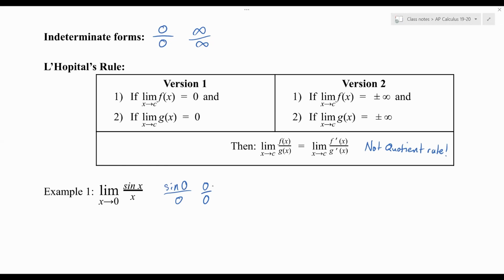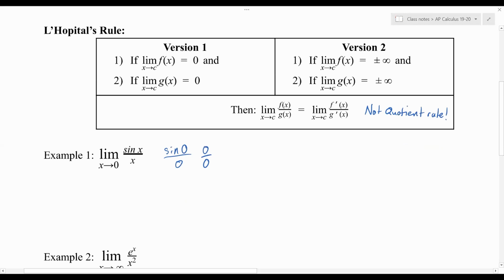So we got 0 over 0 here. Let's write out our conditions to satisfy L'Hopital's rule. The limit as x approaches 0, in this case c is 0, of the top part, sine of x, is 0.